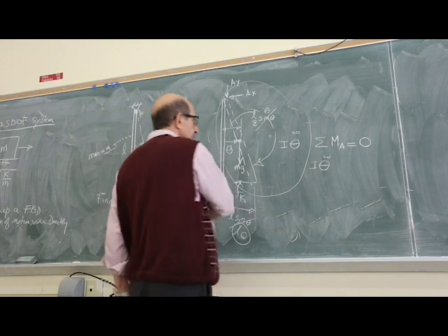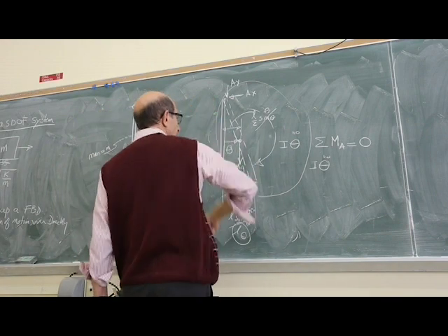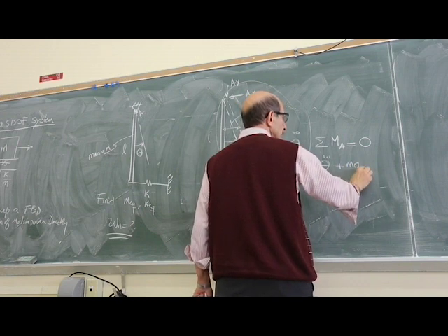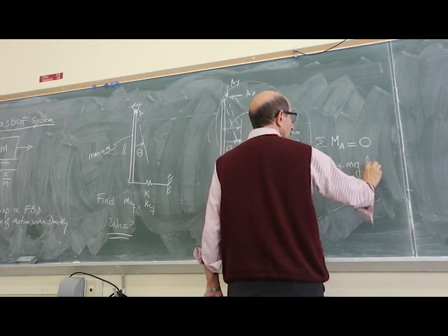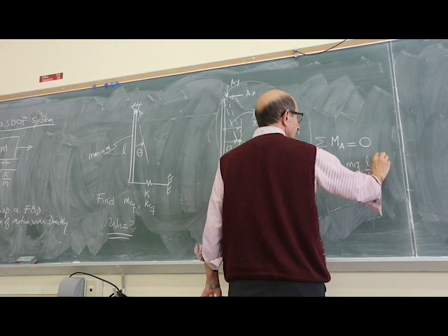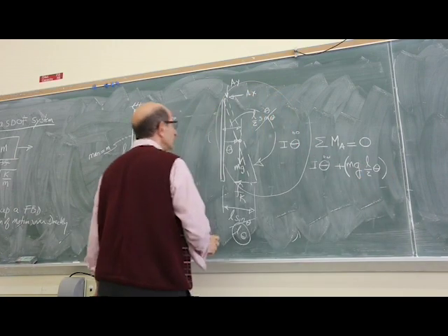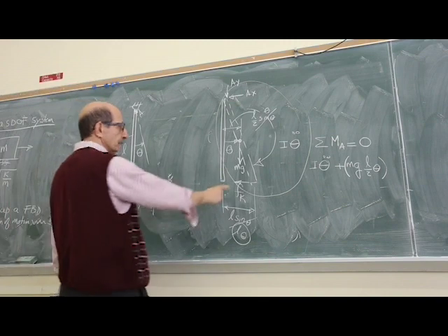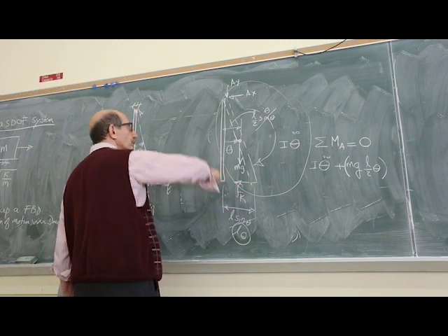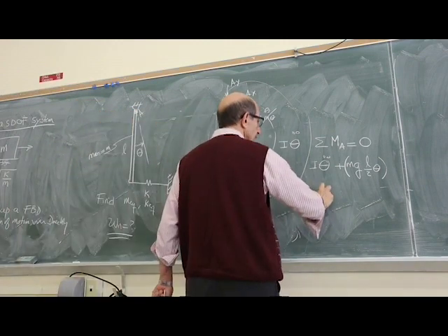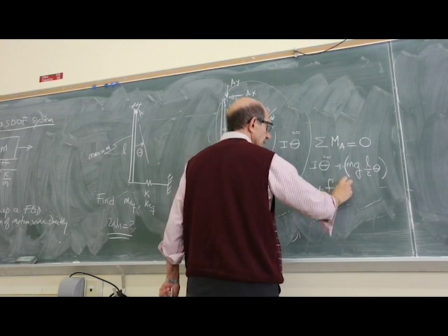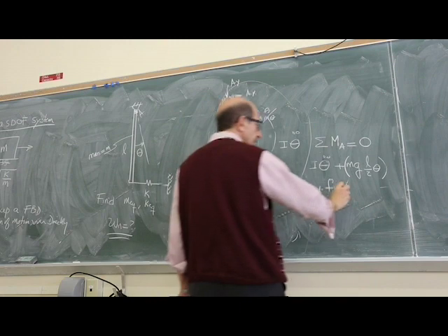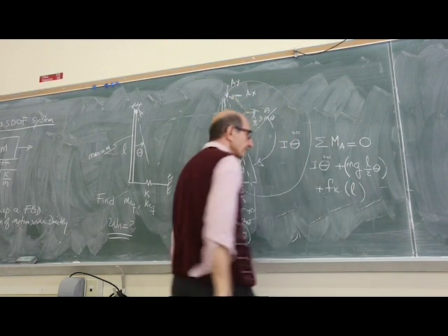So the moment that this generates about point A would be then plus mg L over 2 theta, okay? So that's that. What else? Then you have the moment of this force about that point, so you have plus Fk times this distance, which is L, okay?